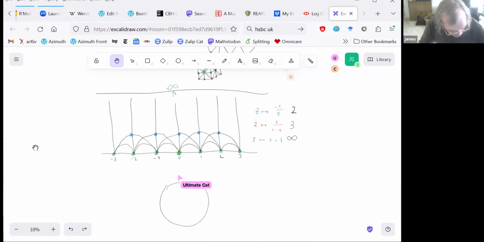There's one that goes, well, somehow you can guess that the greens are going to be on the perimeter because they have the infinity label opposite them. So I'm going to have greens on the perimeter. And how does this work?